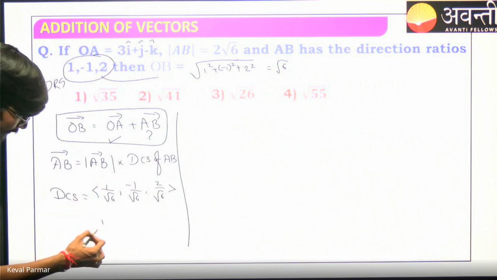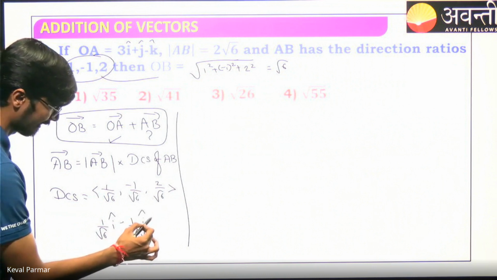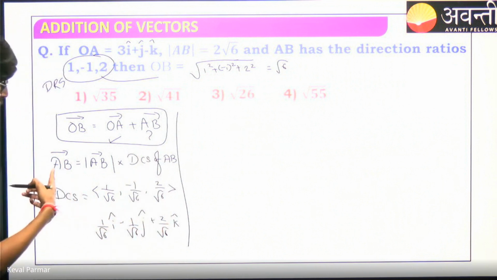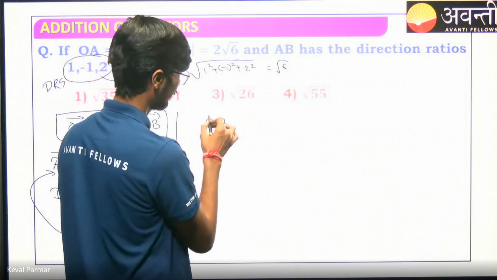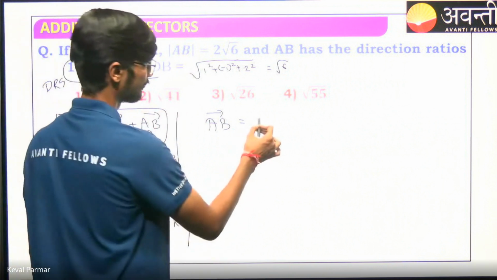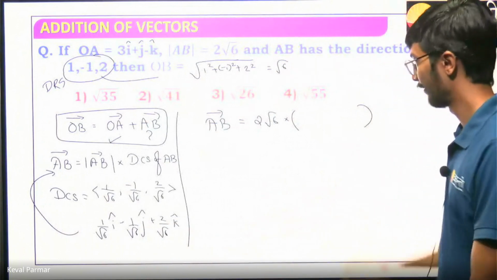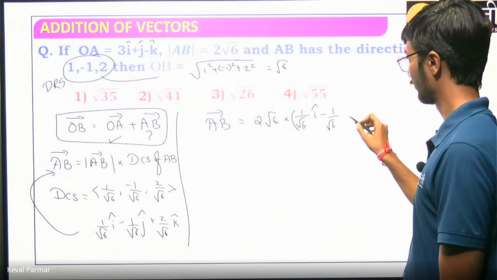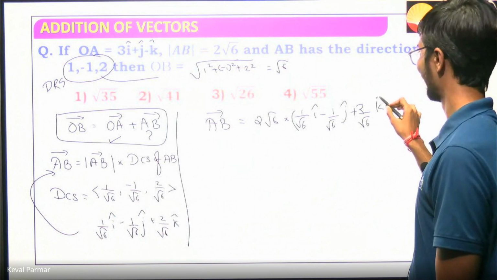I can write it as 1 by root 6 i cap minus 1 by root 6 j cap plus 2 by root 6 k cap. So let us substitute here and we'll get AB vector is equal to modulus of AB, which is 2 root 6, into DCs of AB, that is 1 by root 6 i cap minus 1 by root 6 j cap plus 2 by root 6 k cap.